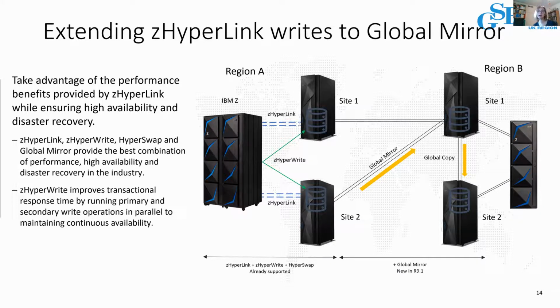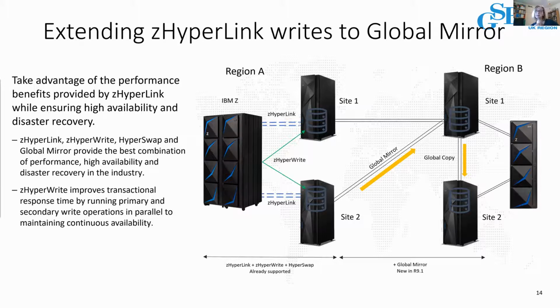It's important to have not just the local copy, as we were able to provide with the Metro Mirror, but now expanding our technology to really satisfy how our customers run. So now you've got that best combination of performance, high availability, and disaster recovery. And again, making the point about hyperwrite: when you're looking at your Metro Mirror, it's not a factor for global mirror.